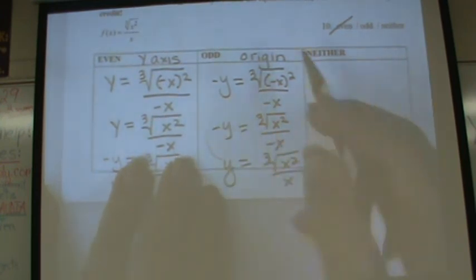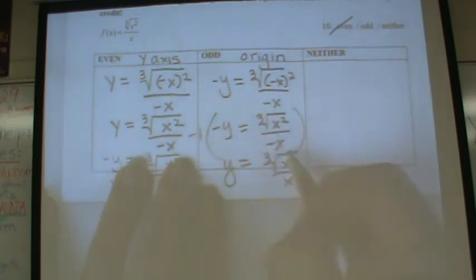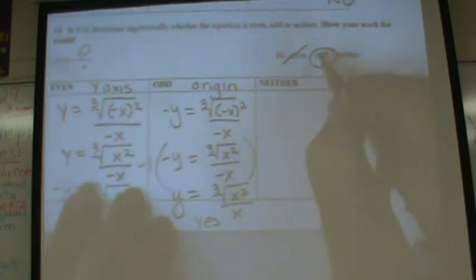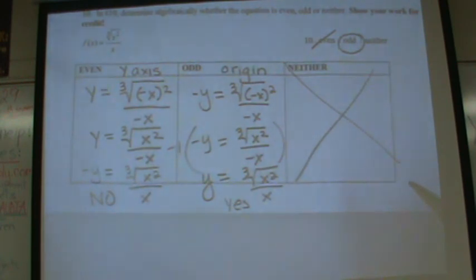I'm multiplying this whole thing, both sides, by -1. This becomes positive y, and if I multiply the bottom by -1, which is fine, you get a positive x. So this is a yes. It's odd. So if it's one of these two, obviously it's not neither. It's not necessary.